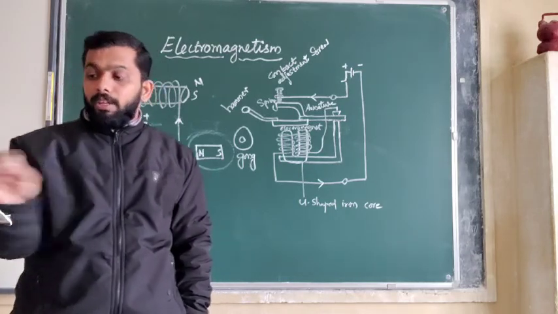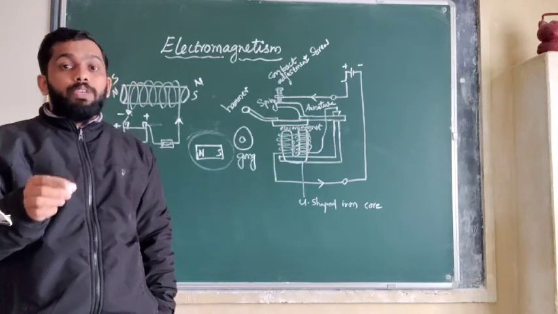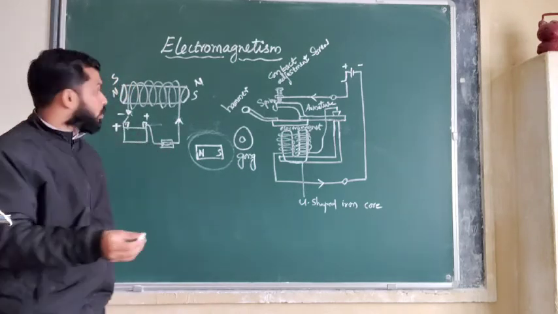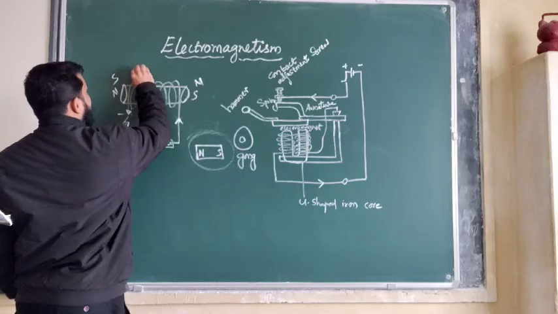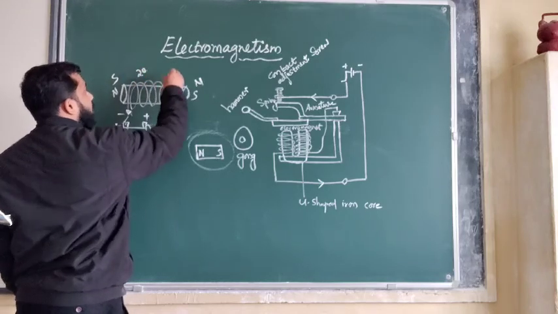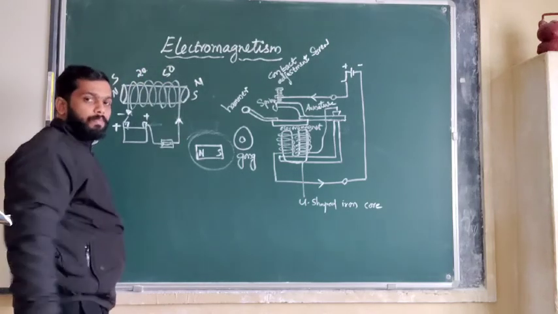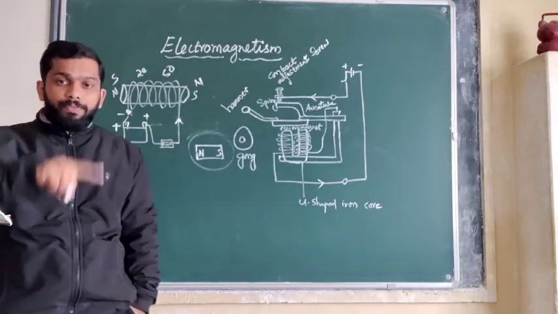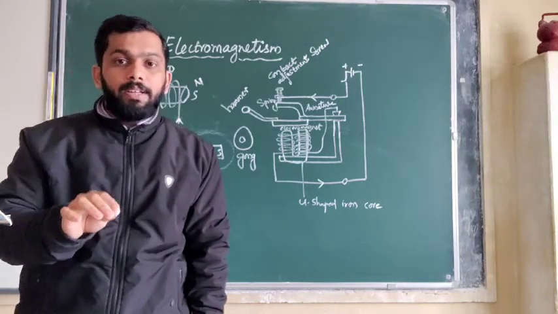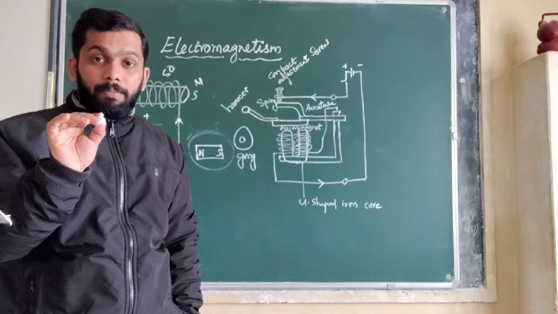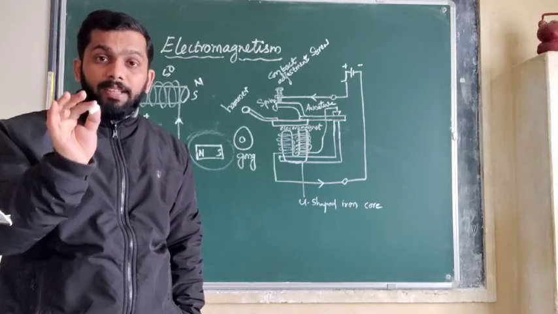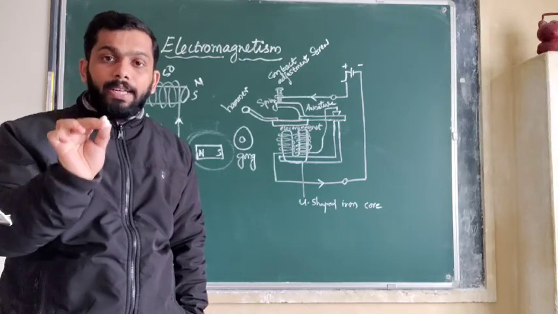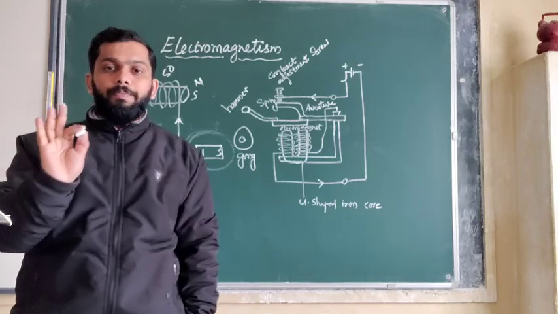One more method is there. If you have only one battery but a long wire, suppose you have 20 turns here, you make the number of turns 50. By increasing the number of turns, the strength of the magnetism can be increased.